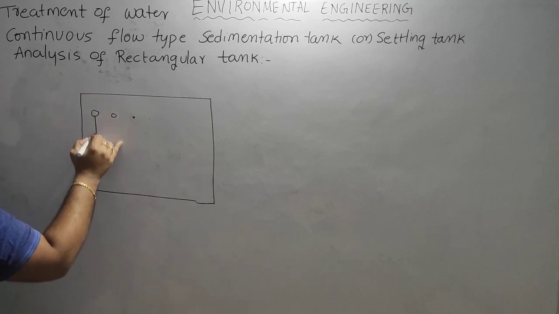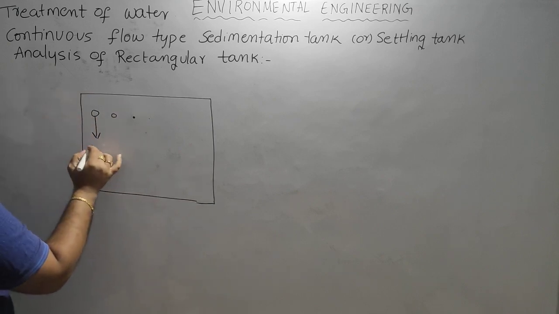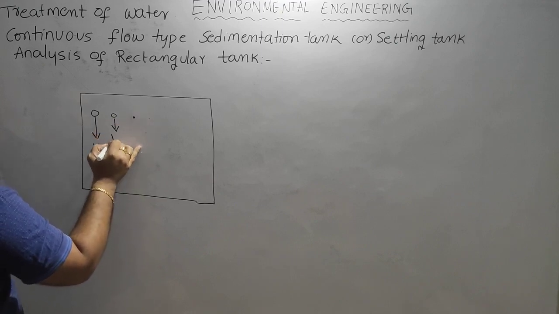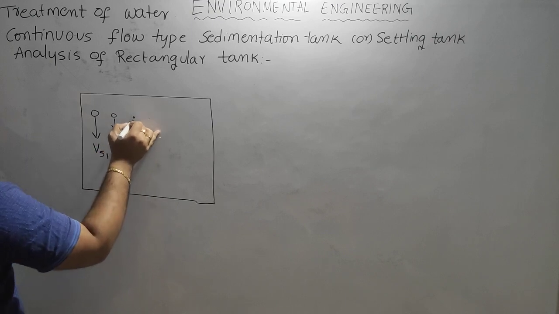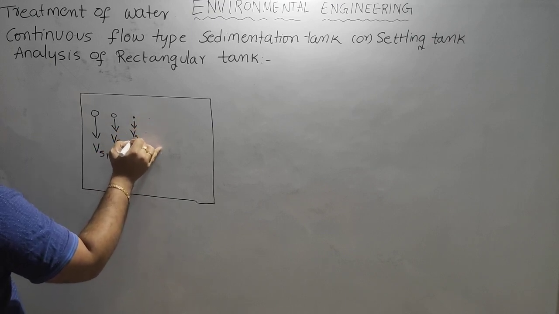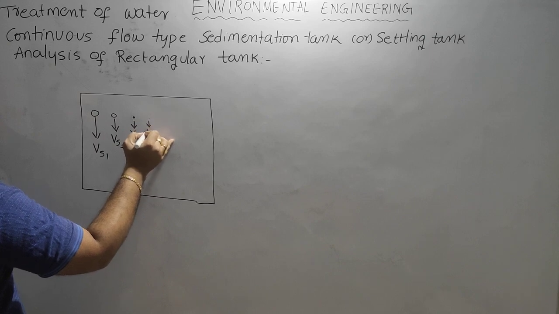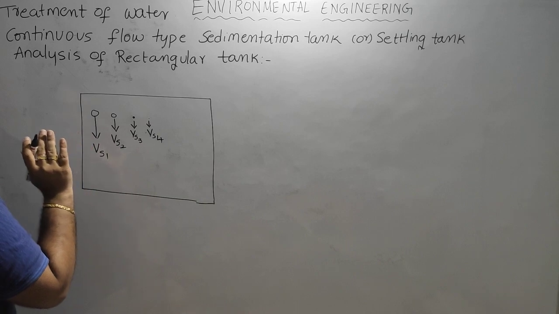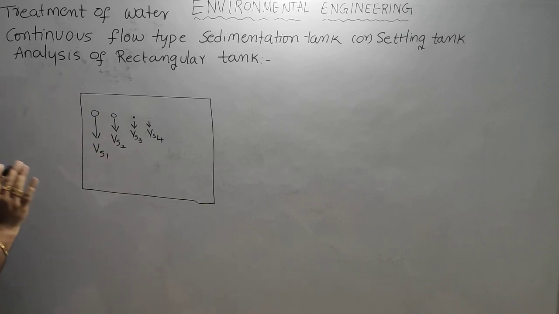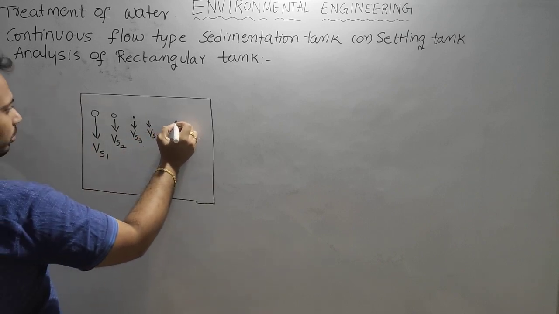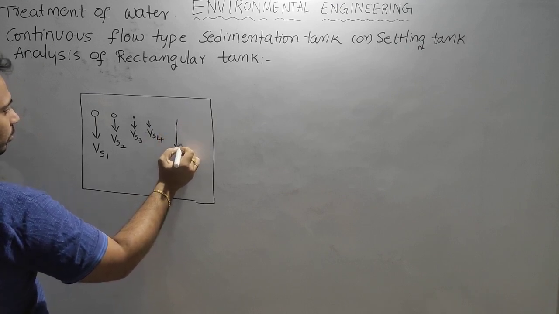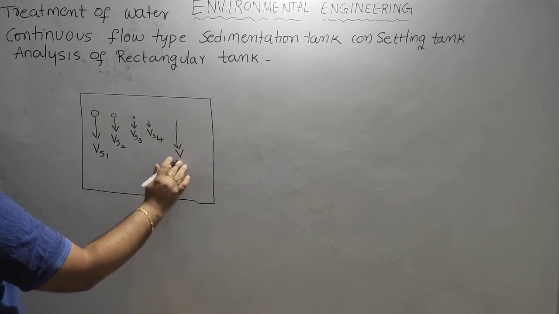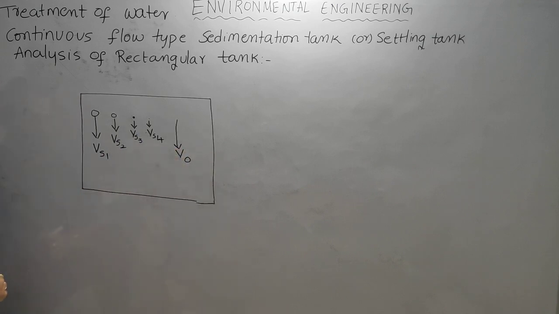This particle will have a settling velocity Vs1, this one Vs2, this one Vs3, and this one Vs4. But the sedimentation tank has the same overflow velocity, that is V0.